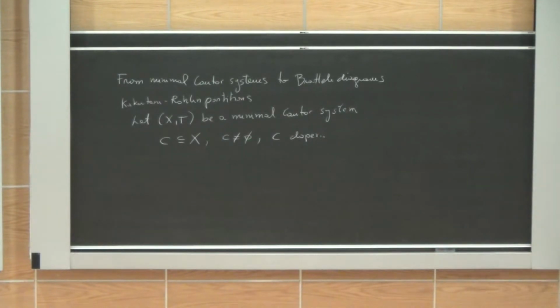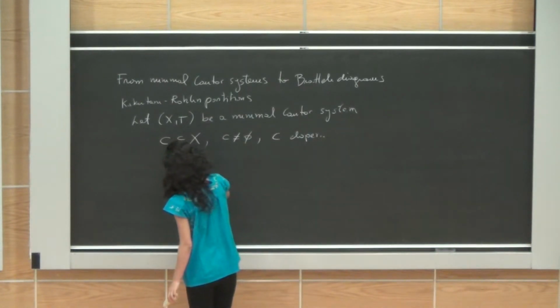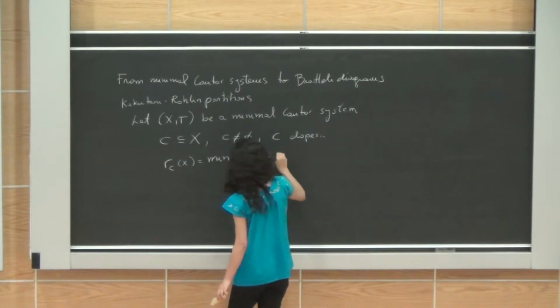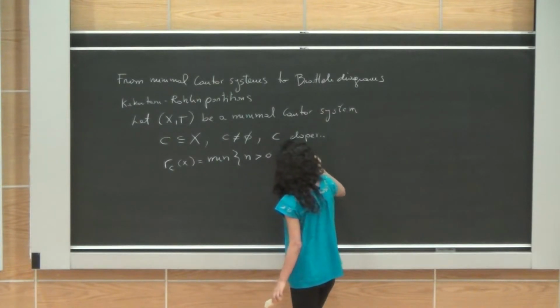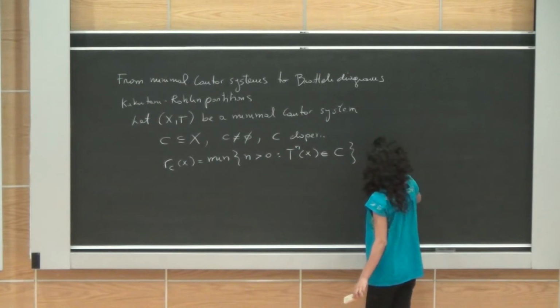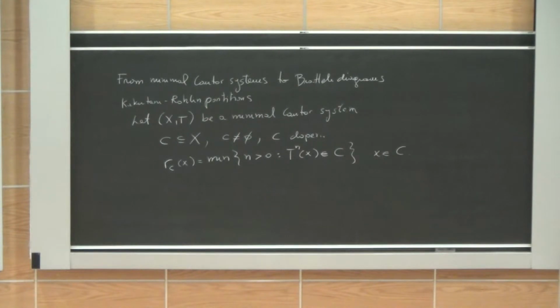For every point in C, you can see the first time that this point returns to C. So this gives you a function, the first return time map. This is well defined because your system is minimal, so you know that sometimes you will come back. And this function is continuous.